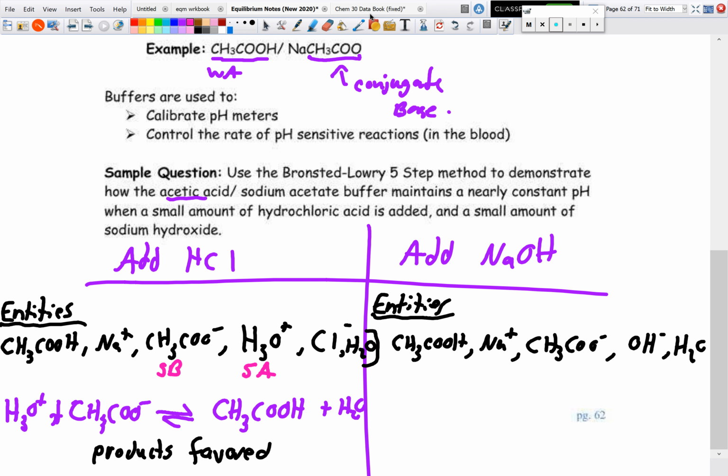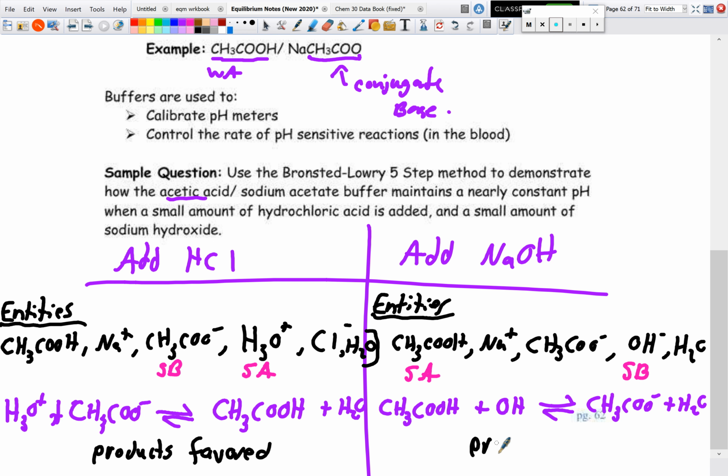Now for this one, when you go to your data booklet and find out, hydroxide obviously is going to be the strongest base, but in this case right here, our strongest acid is our acetic acid. So now, by adding small amounts of our sodium hydroxide into our buffer system, our acetic acid can step in and it can react with the hydroxide to produce our acetate ion and water. And same thing, products are favored.